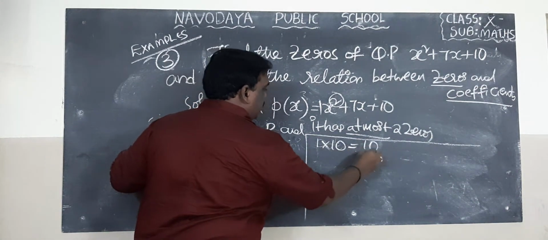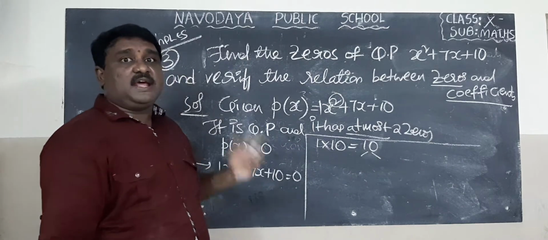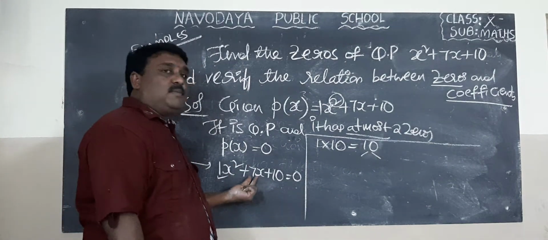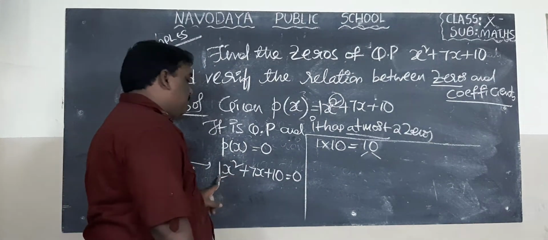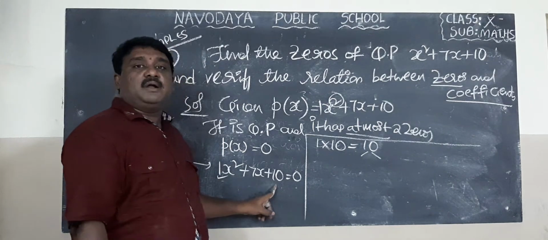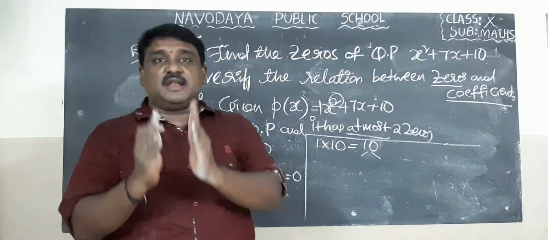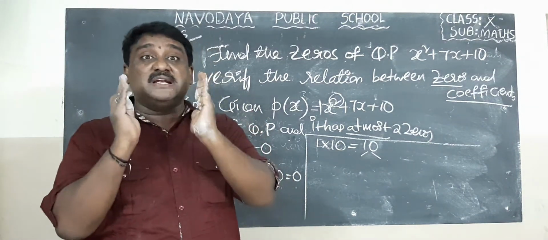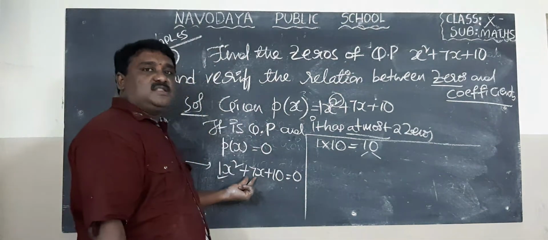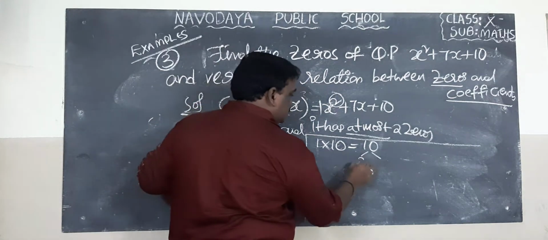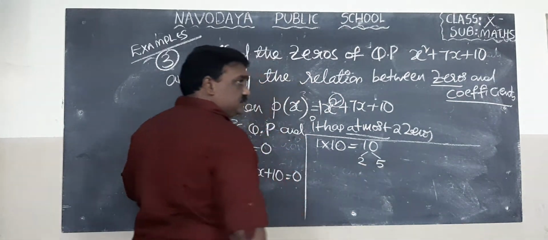1 tens are 10. Write the factors for 10 which satisfy the middle term. What is the middle one? 7. What are the factors? 2 fives are 10.